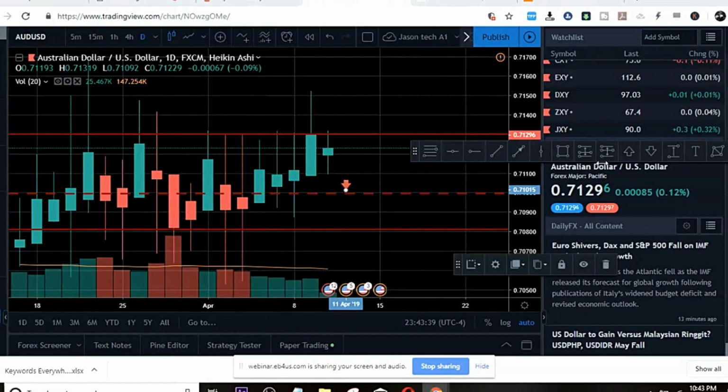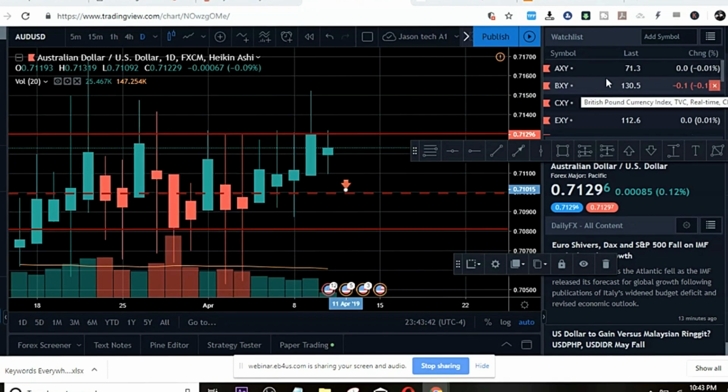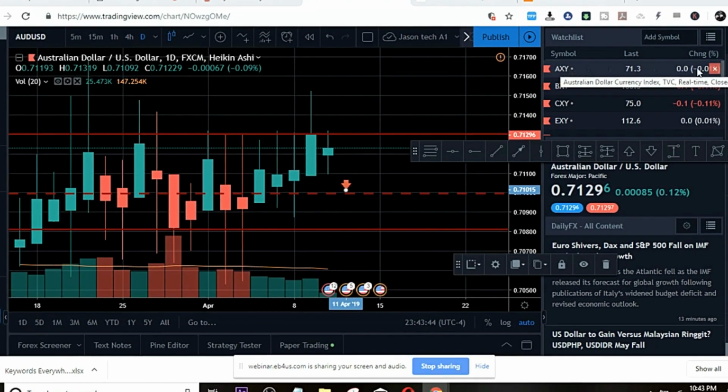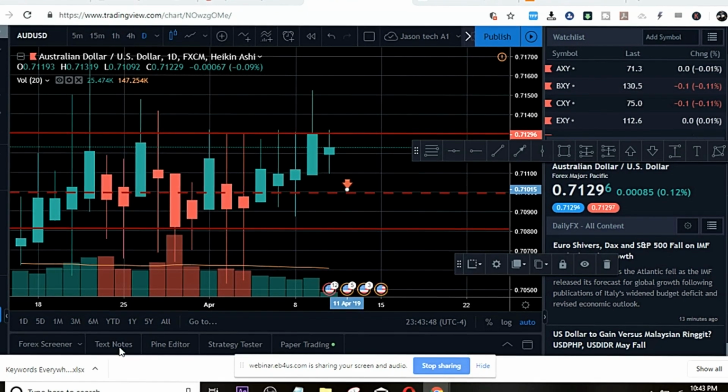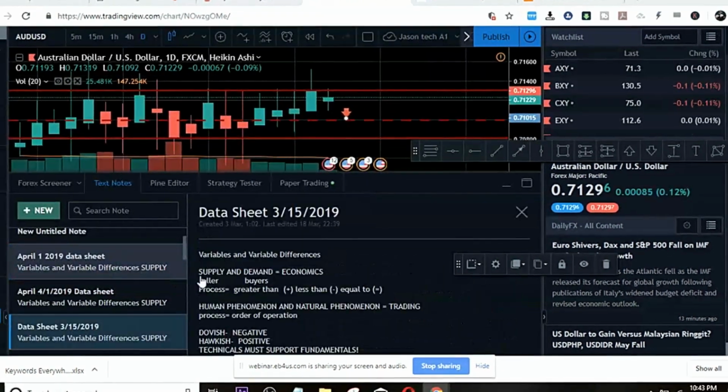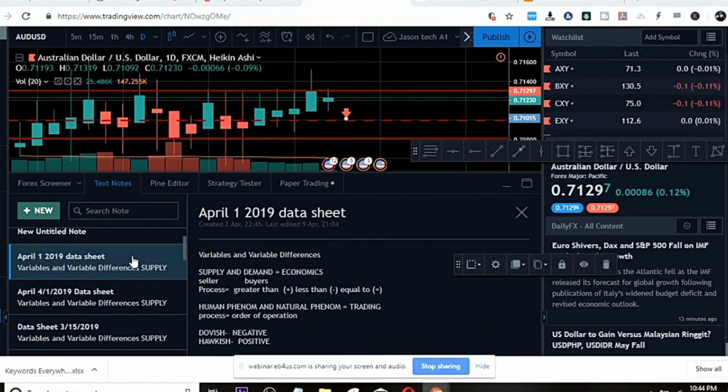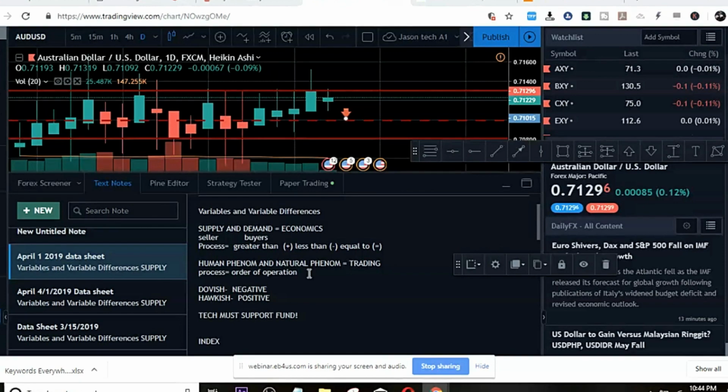So once I do that, I'm also going to go and check out the index. Right now, as you see, the Australian dollar is at 0. Like I said before, you guys make sure you go into your notes and notate all of this. You want to go ahead and do your data sheet like I showed you last time. If you didn't see it, check the video from last week on how to do the fundamentals.